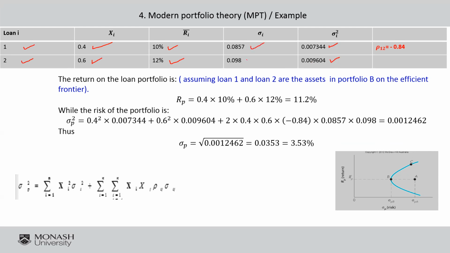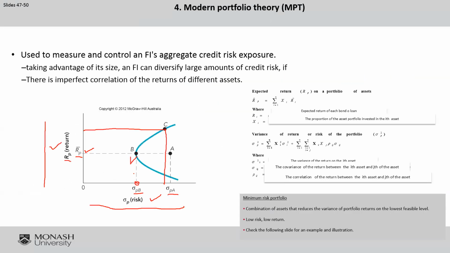You can find out the standard deviation, and the correlation between the two is -0.84. Now, we can first calculate the return of the portfolio, which is a very simple thing to do. It is just the weight of the first asset times its return, plus the weight of the second asset times its return. This is just averaging, and you find it is 11.2%.